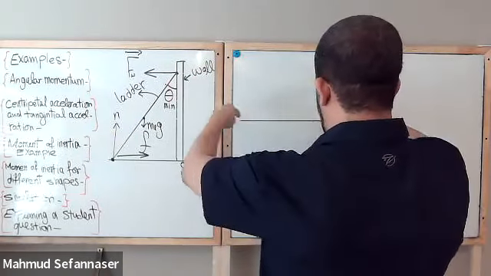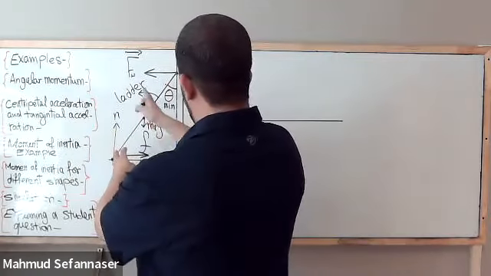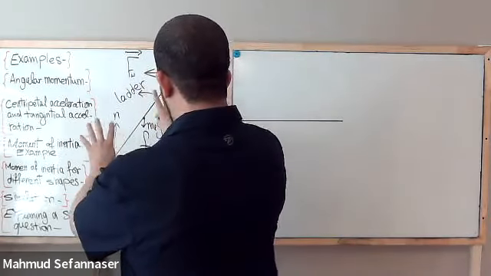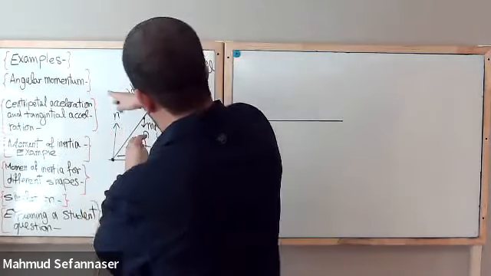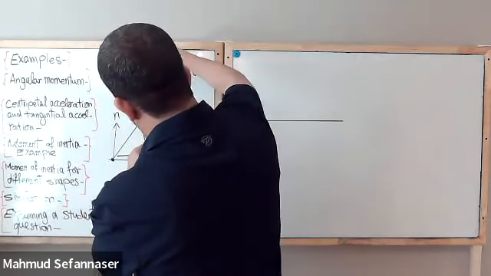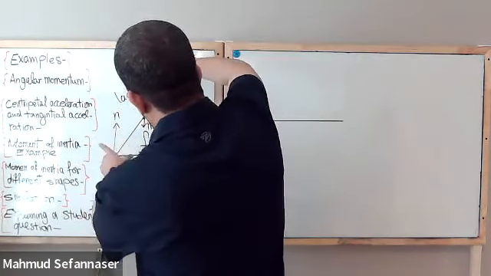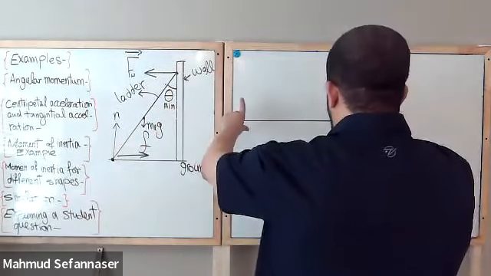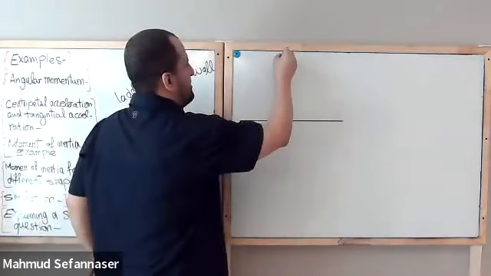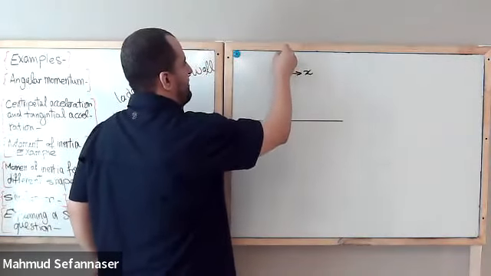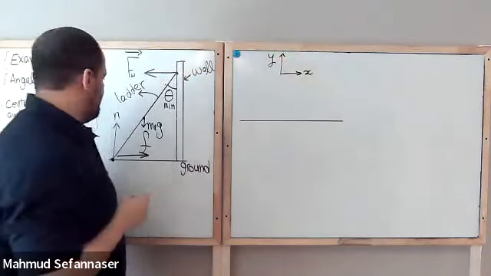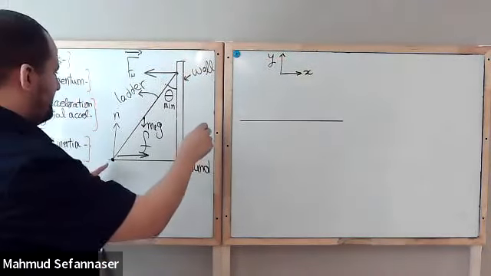So I have X and Y and all of that. But if you try to set X and Y like this, that will be complicated. You need to set Y like this and X like this. So it's fine to have the free body diagram like this. We have X in this direction and Y in this direction, and you will have these forces here.